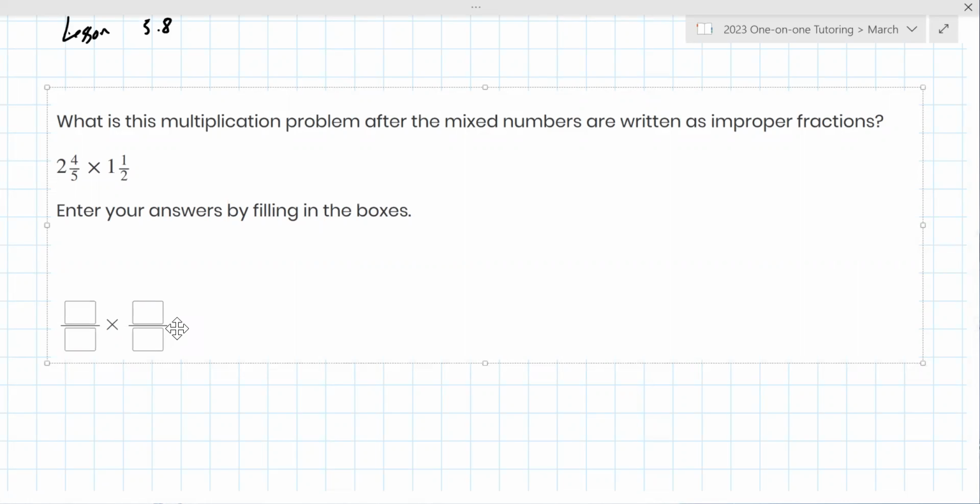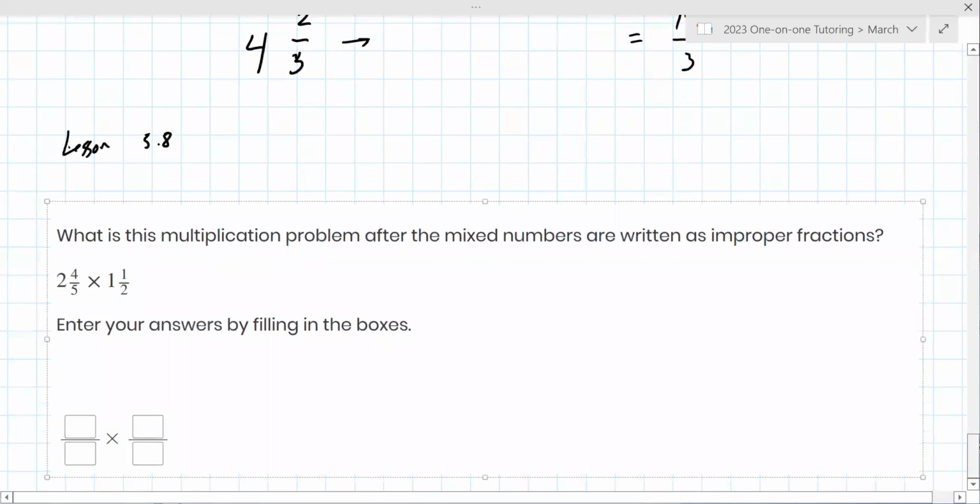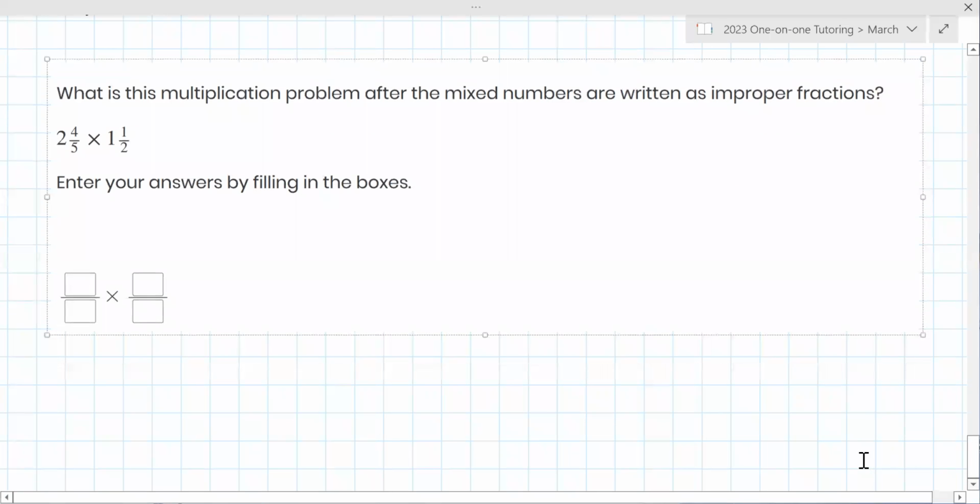Wait, sorry, what does improper mean? It's exactly what we've been doing. It's right up here. So I'll give you both, right?